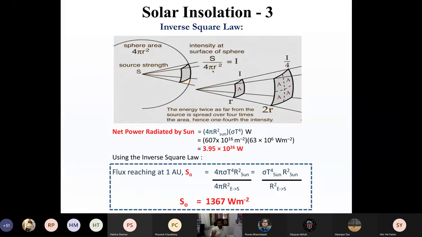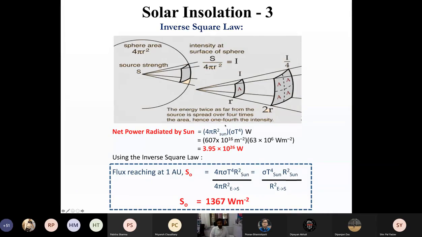So the intensity across any unit area, I, will be given by S divided by 4 pi r square. If you double the distance, the intensity becomes one quarter, simply because r is squared in the denominator. R to 2r, you are dividing by 4.